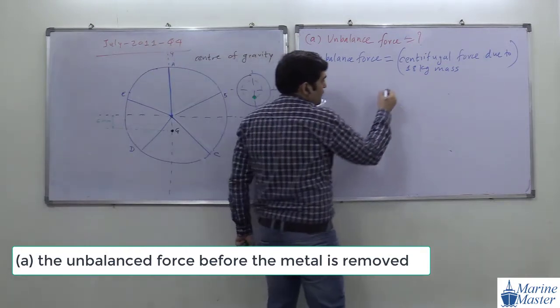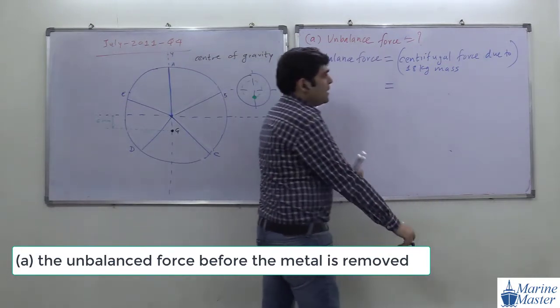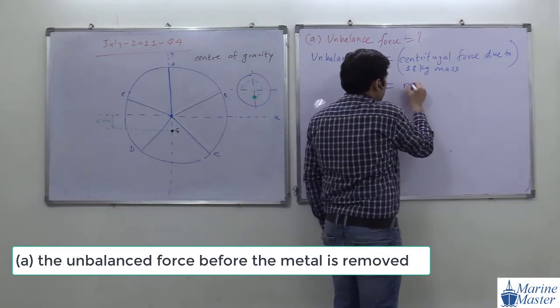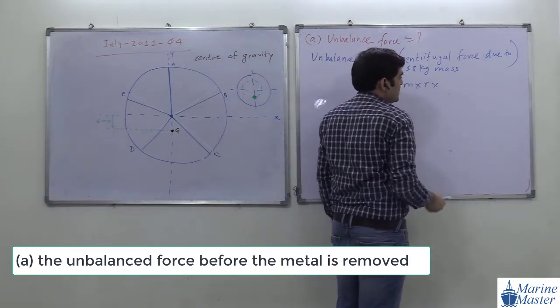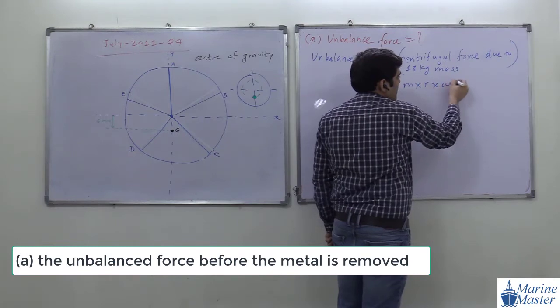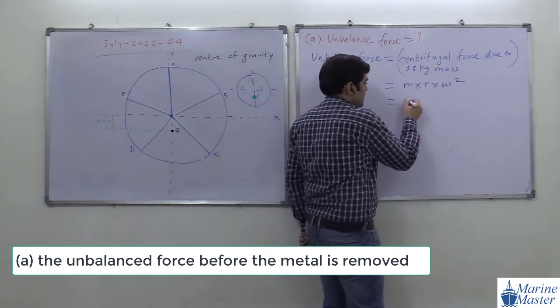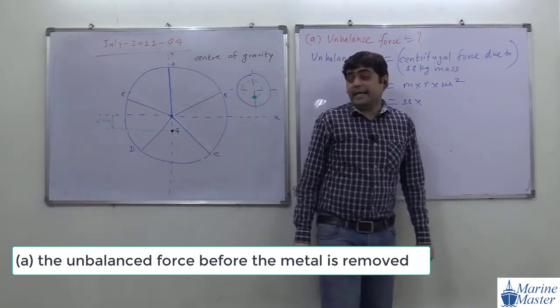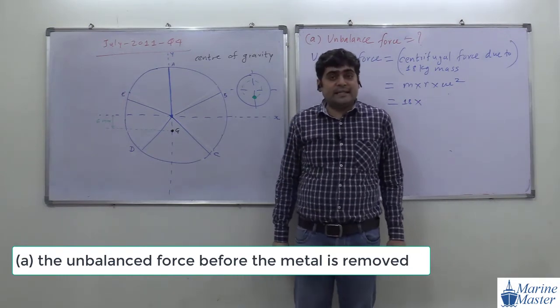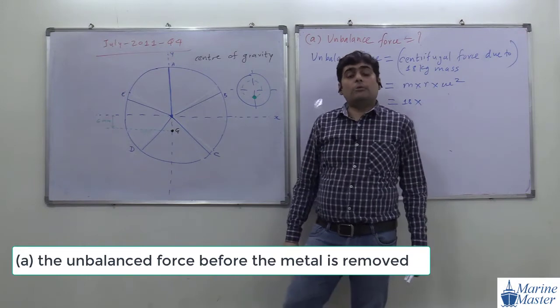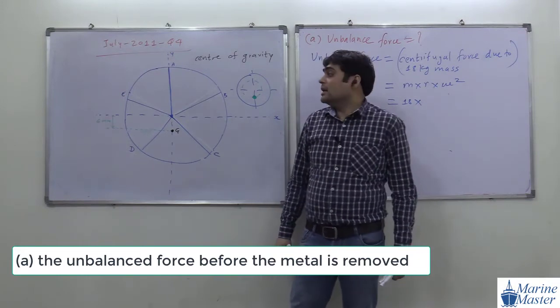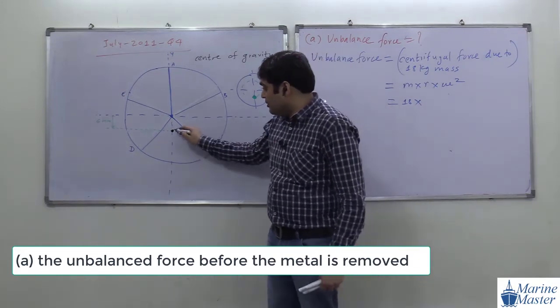Okay, good. So what will be the centrifugal force? Mass 18 kg, its radius, into omega square. How much mass, guys? 18 kg. Can anyone tell me how much will be the radius here? Yes, 0.006, meaning it will rotate about this radius.